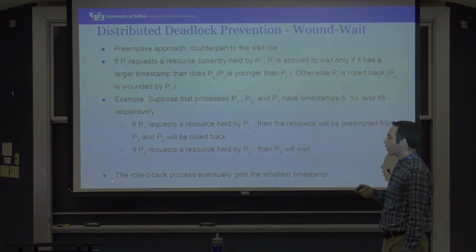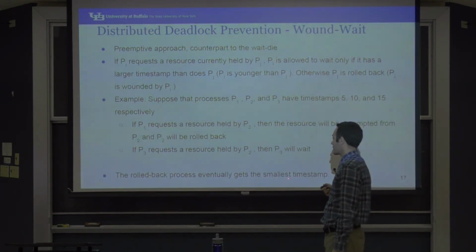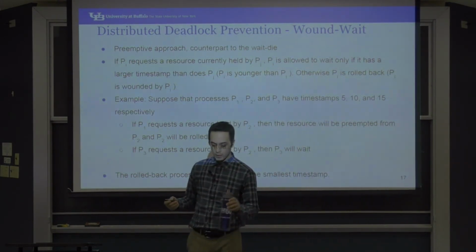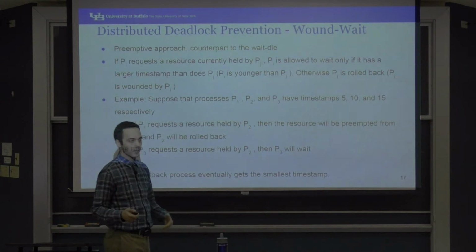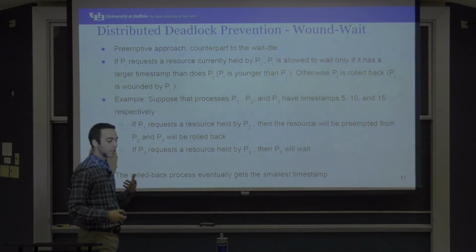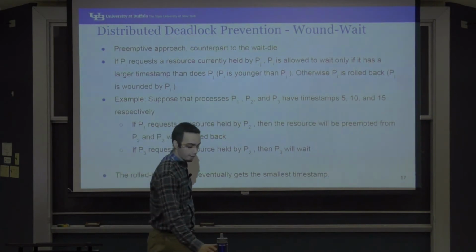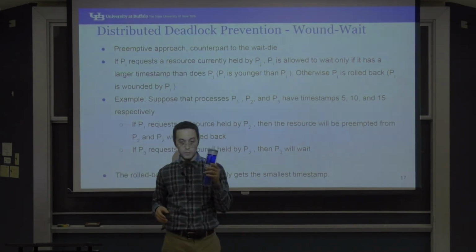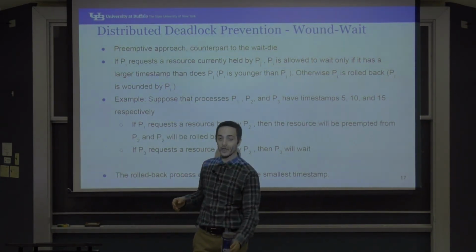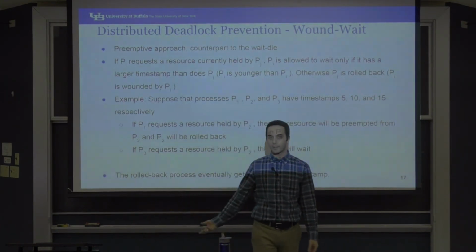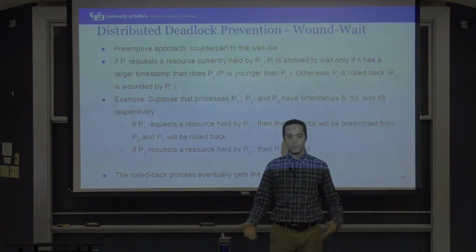Now, in this scheme, the rolled-back process eventually gets the smallest timestamp. So if P2 is holding a resource, and P1, which is older, comes and requests it, P2 gets wounded and rolled back. Now P1 obtains the resource. But once P1 is finished, P2 is the oldest in the system, so no one can wound it.